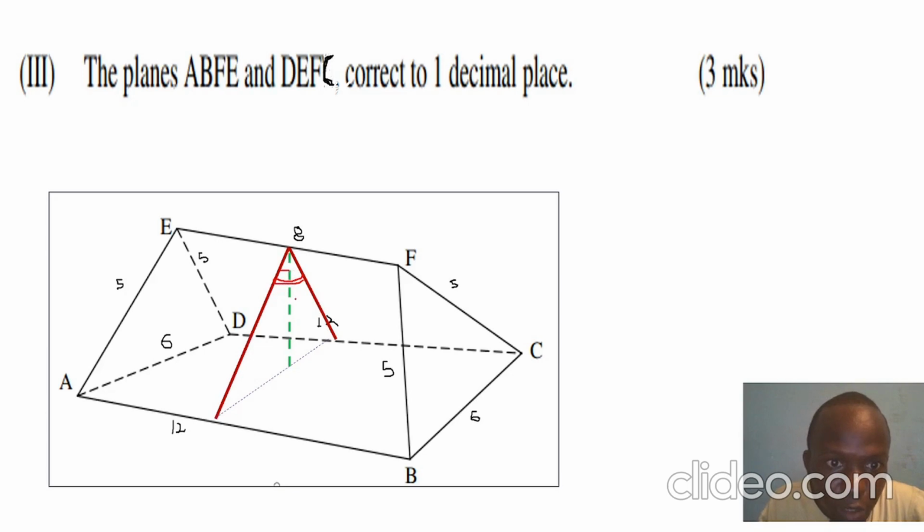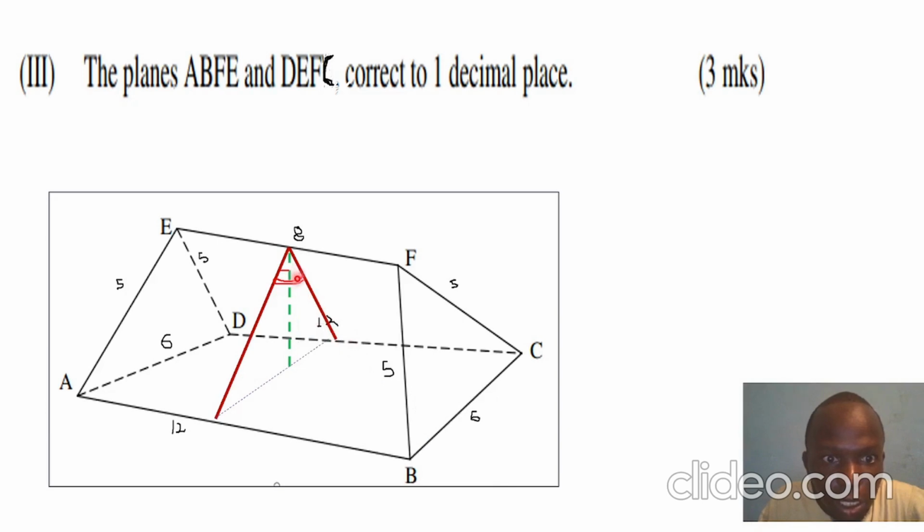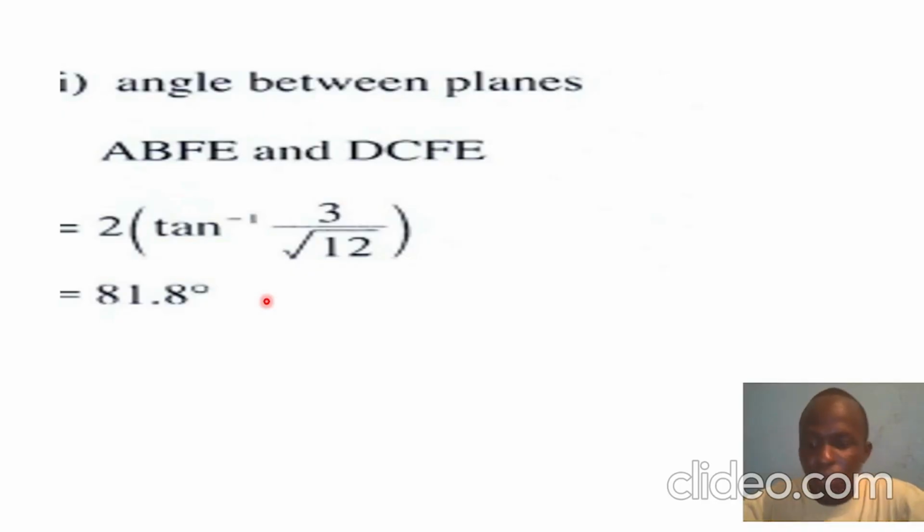Since this angle is equal to that, we simply multiply by 2 and get the angle between the two planes. Thank you, and that is the end of our presentation. Let us meet in the next video tutorial.